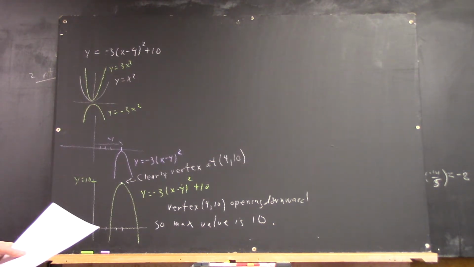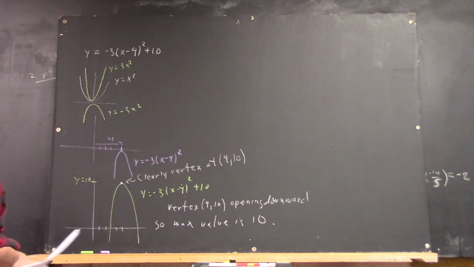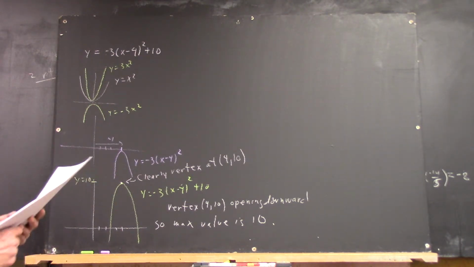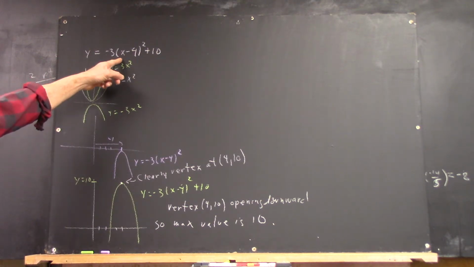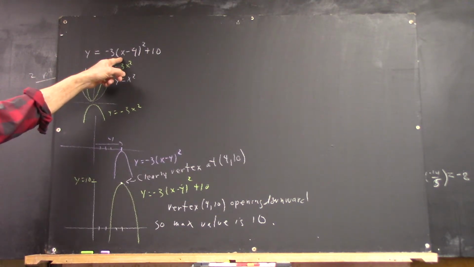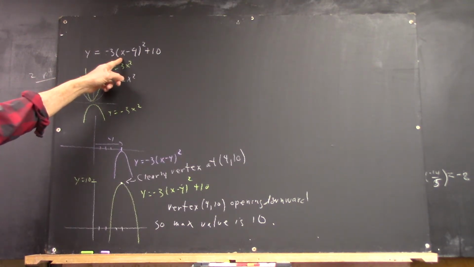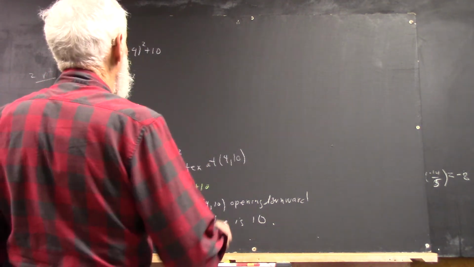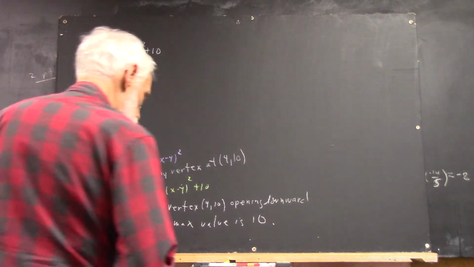Well, what's the domain of this function? Is there any x value that you can't put in here? Will this give you a value no matter what number you put in for x?